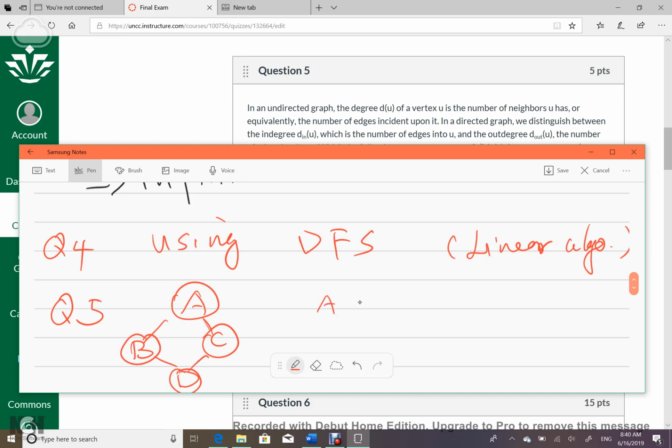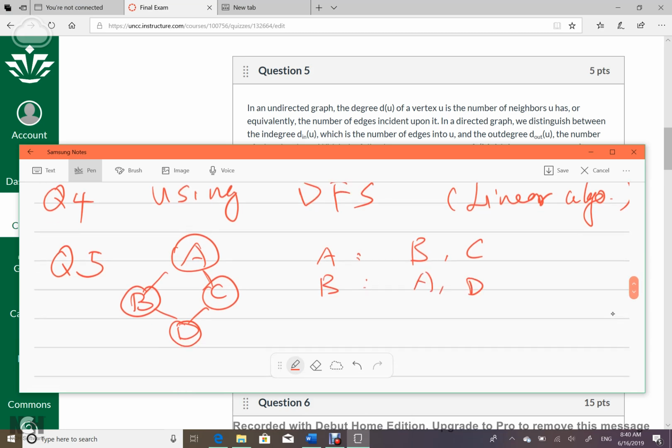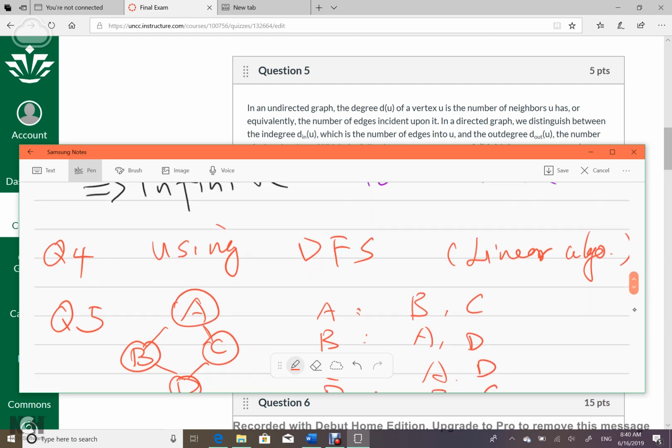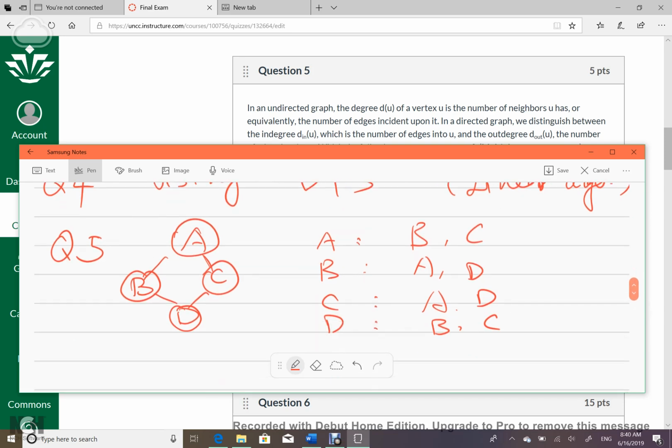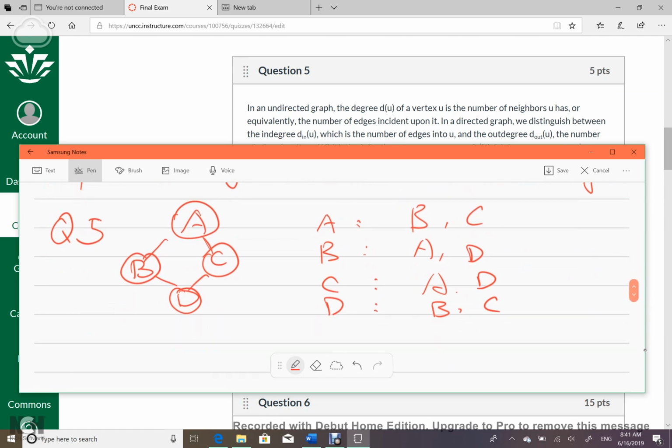In the adjacency list, A is connected with B and C, B is connected to A, D, C is connected with A, D, and D is connected with B, C. In an undirected graph, the degree d_A is equal to the number of edges we have, which is 2.